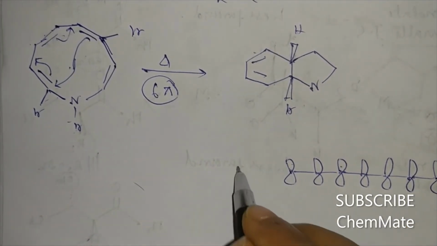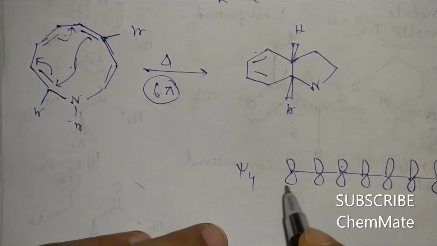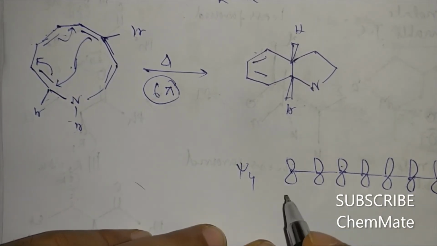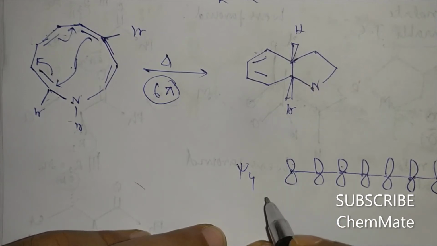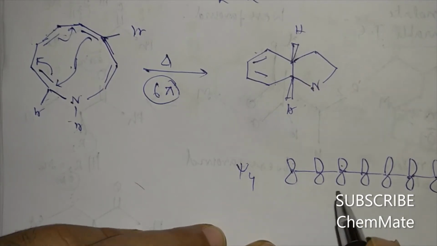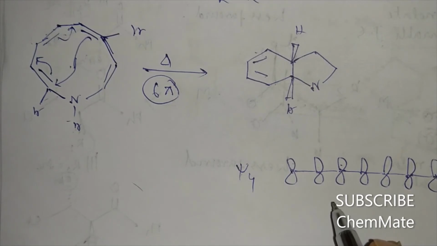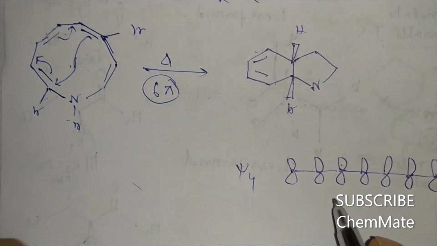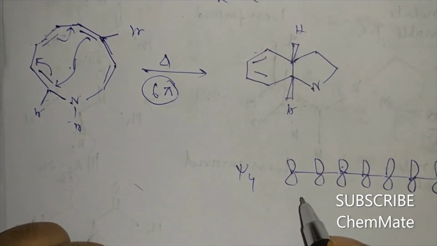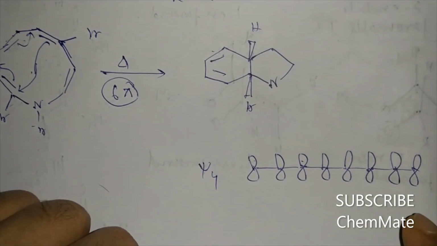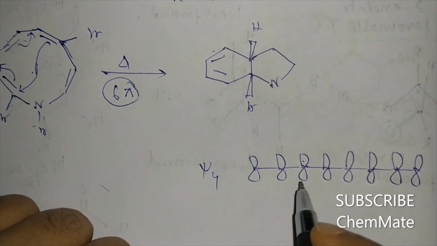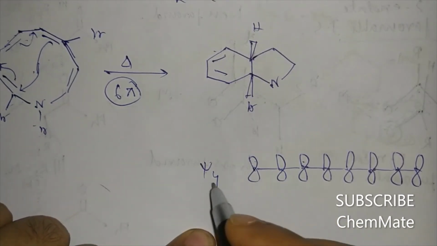Let's say this is psi4. Psi4 will be the HOMO, and what will be its symmetry? Psi4 will have three lobes, and what will be the symmetry?